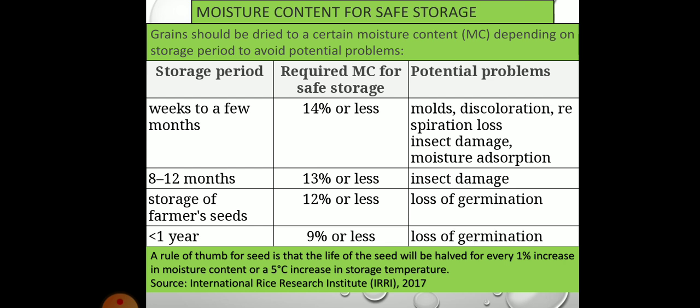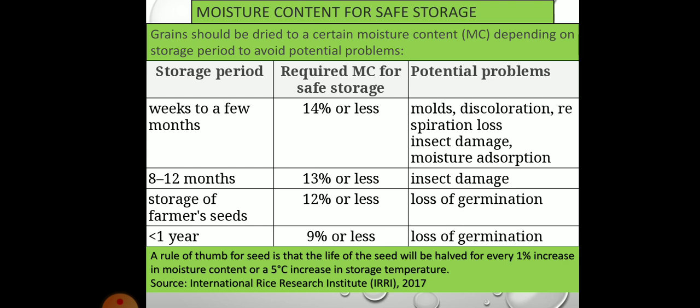12%, this is for the storage of a farmer's seeds, but the seed will lose viability, no? What is viability? It cannot germinate anymore since it has an extremely low moisture content. So if it's for consumption, at least 14%.